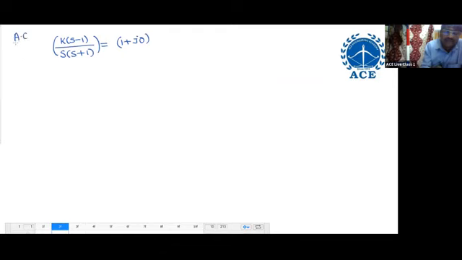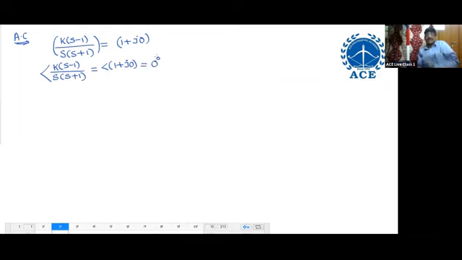Apply the angle condition. So the angle of K(s minus 1) by s(s plus 1) is equal to the angle of 1 plus j0. What is the angle of 1 plus j0? 0 degrees. That means we require to draw the inverse root locus. 0 degrees means inverse root locus, and the direction is from pole to 0.